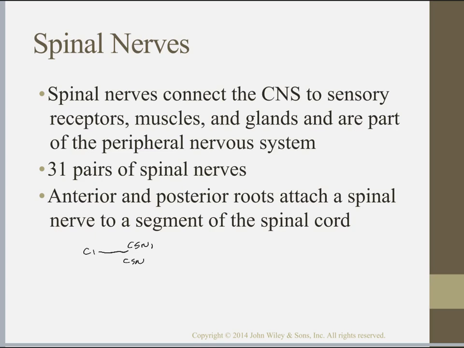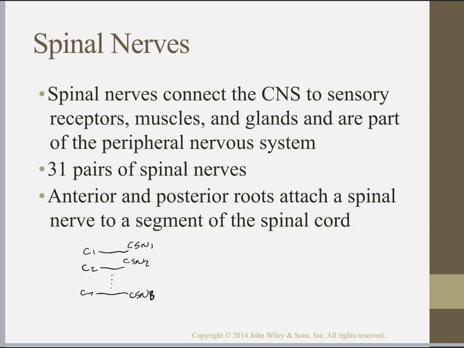And then we have CSN2, which is above C2. And we continue all the way down until we get to CSN8. Now we say, well, wait a minute. Why do we have 8 cervical spinal nerves when we only have 7 cervical vertebra? Well, again, we're counting the space above.